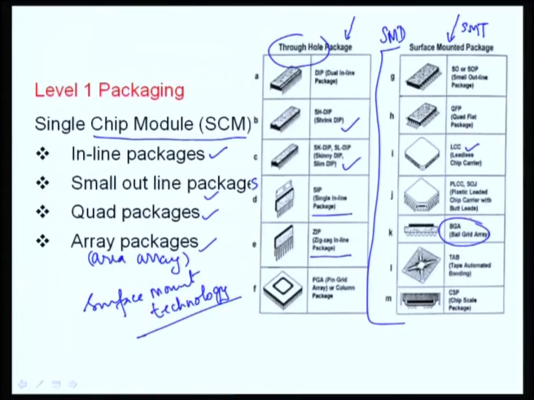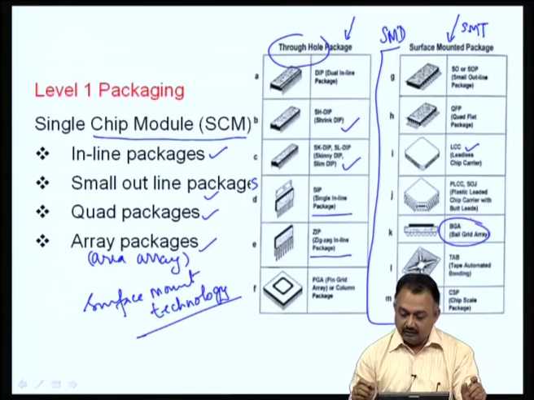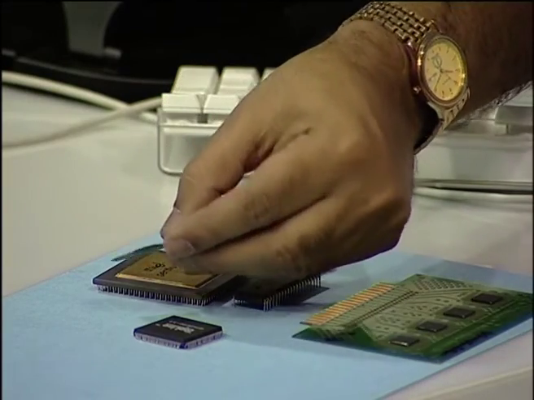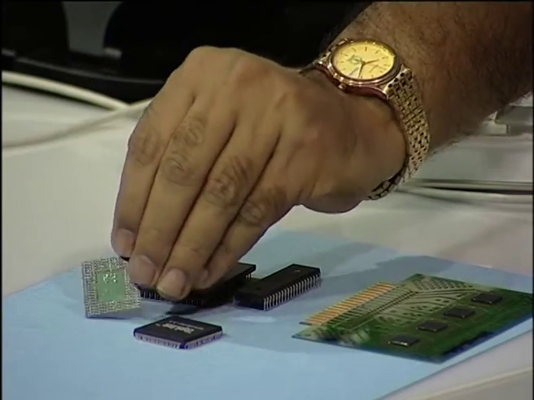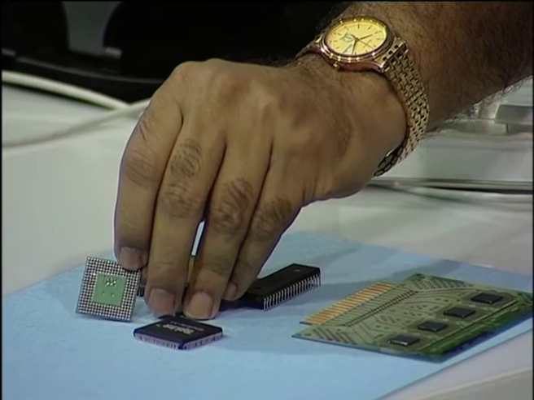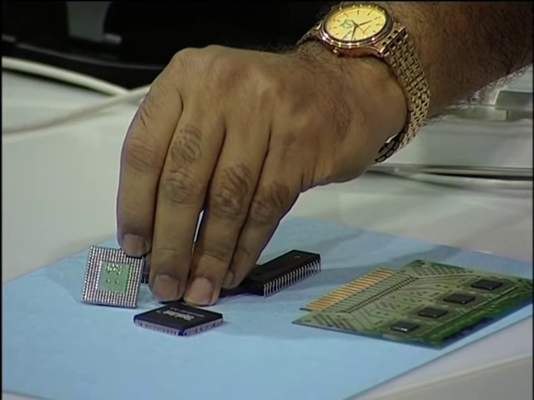Then we have what is known as a ball grid array, which is a sort of a workhorse for the PCB industry today. Once again, I will show you what is a ball grid array. You can see there is a die here, there is a substrate, and if you flip over, you will see the glimmering solder balls.